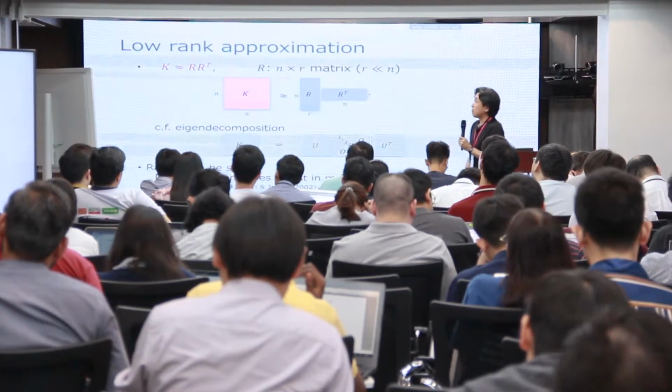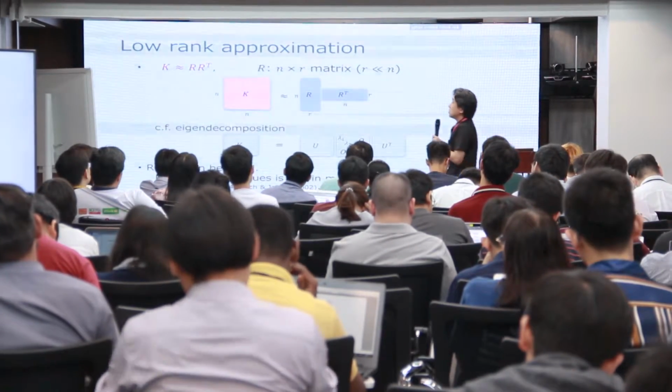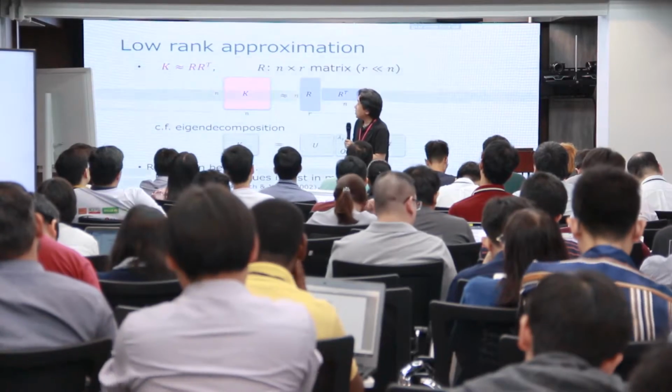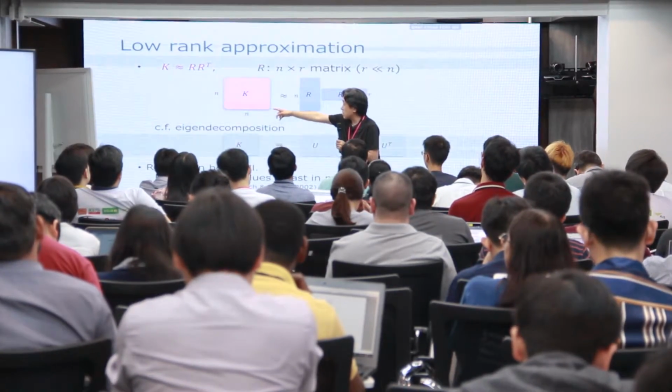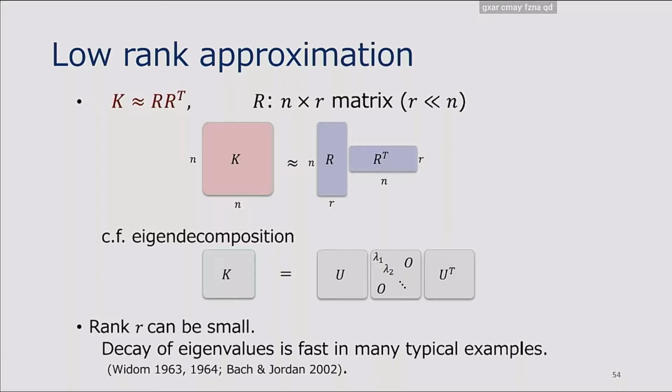But in the first category of methods, they express this big matrix K by the multiplication of a small matrix, n times r, where r should be much smaller than n, times r transpose. So the rank of the right-hand side is at most r. That's why this is called low rank approximation.